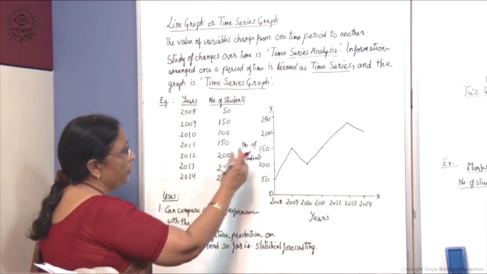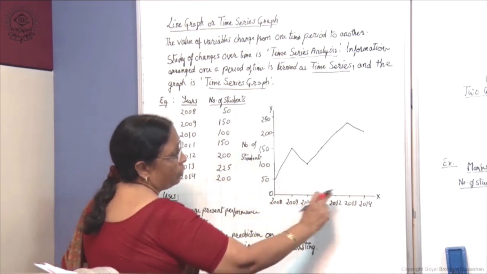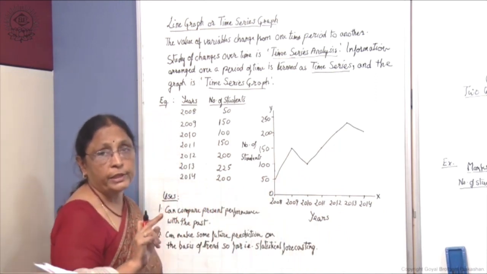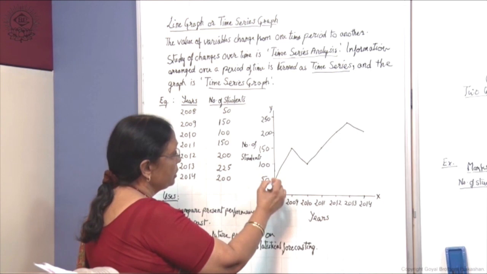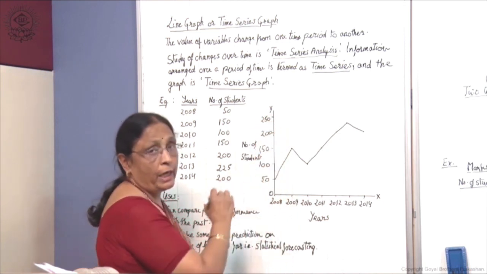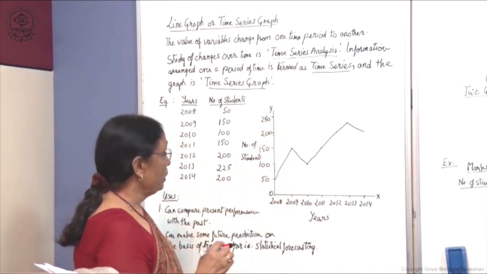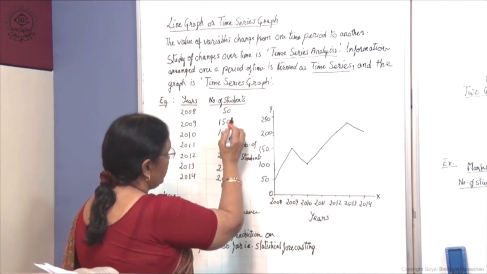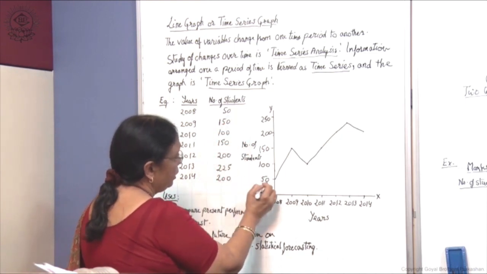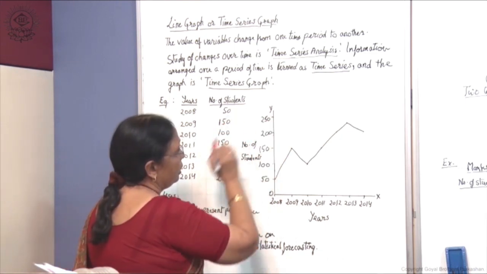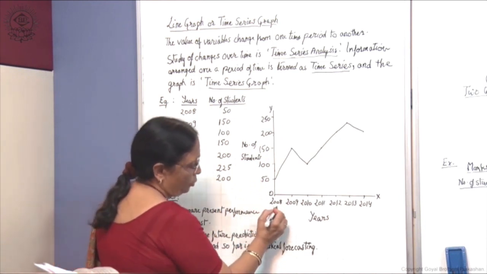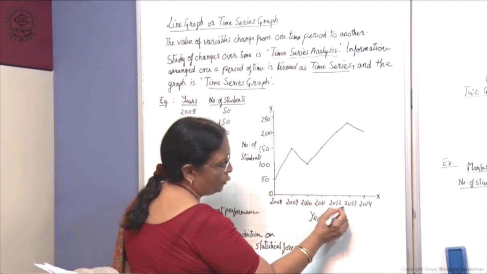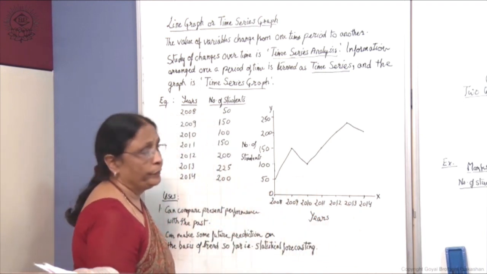Then again remember that years you will take on the x-axis because it is an independent variable, and number of students you will take on the y-axis, dependent variable. The number of students, as it is ranging from 50 to 200, we will divide the axis equally till 250, and years 2008, 9, 10, 11, 12, 13 and 14.